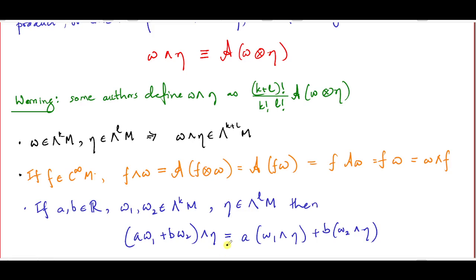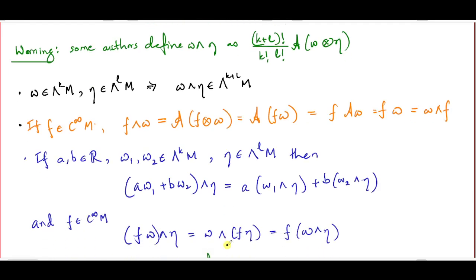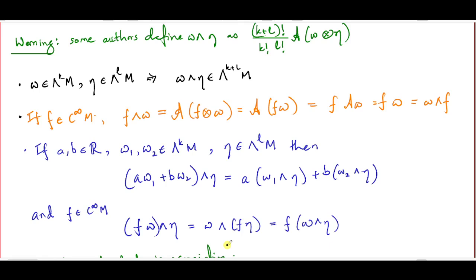It also does that when the sum is on the right. That is, eta wedge a omega 1 plus b omega 2 would also be a times eta wedge omega 1 plus b times eta wedge omega 2. And if f is a smooth function, then f omega is also a K form, and f omega wedged with eta is the same as omega wedged with f eta, both of which are actually equal to f, the function, times the wedge product of omega and eta.